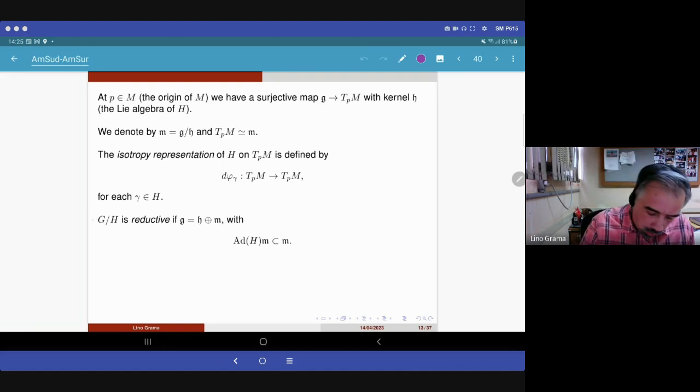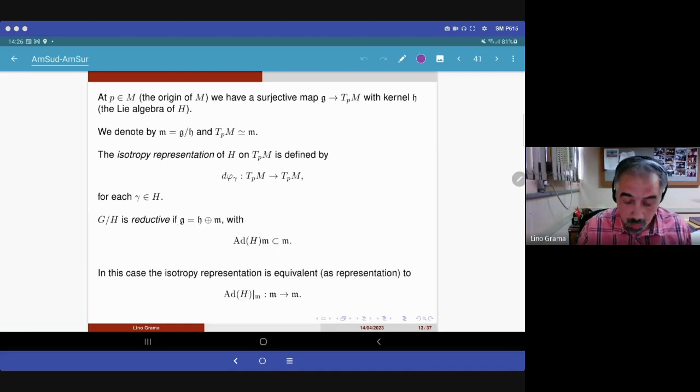And we call homogeneous spaces reductive if we have this split of the Lie algebra with this condition. Okay. And in this case, for a reductive homogeneous space, the isotropy representation is equivalent, as a representation, to this endomorphism. Okay, and now we work in this setup.